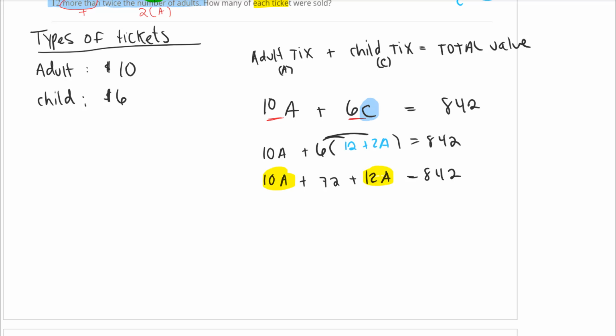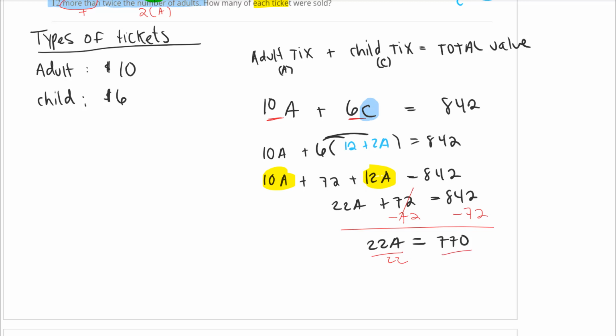And I would go ahead and combine my A's. So I would get 22A plus 72 is equal to 842. Now I would subtract 72 from both sides and get my 22A is equal to 770, and divide by 22 to get the variable by itself.